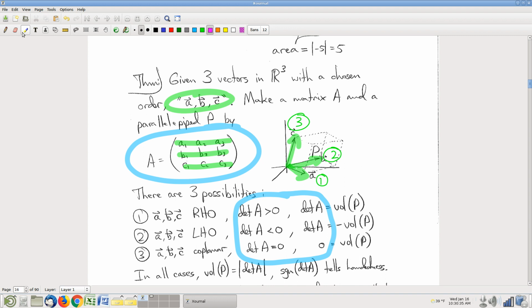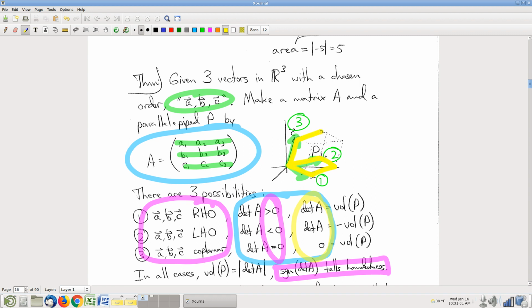Right? So the handedness, whether that listing of these three vectors is right-hand order or left-hand order, is given to you by the sign of the determinant. Right? So sign tells you the handedness. And the size of the determinant, the absolute value of the determinant, tells you about the size of the parallelogram.